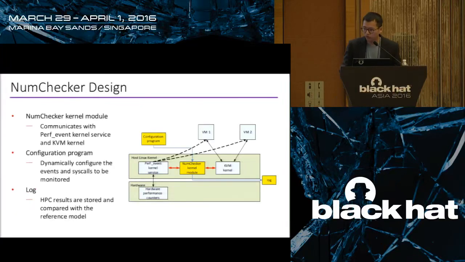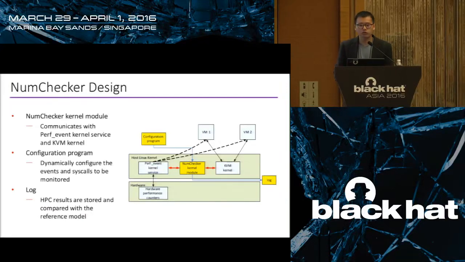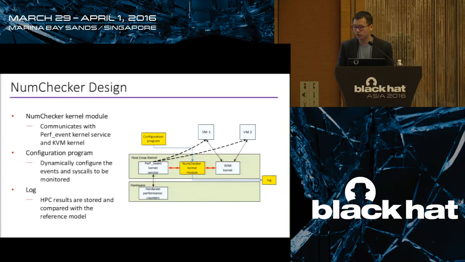We developed three different components on top of the KVM architecture. The first one is the NumChecker kernel module in the host kernel. This module is responsible for communicating between the KVM kernel and the perf event kernel service. The KVM kernel will notify it when we should start counting and when we should stop counting.